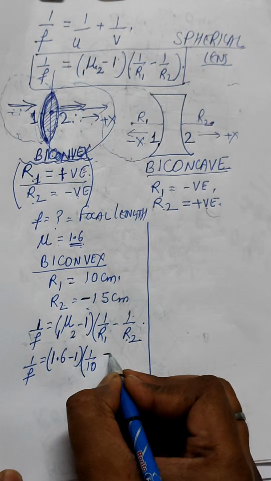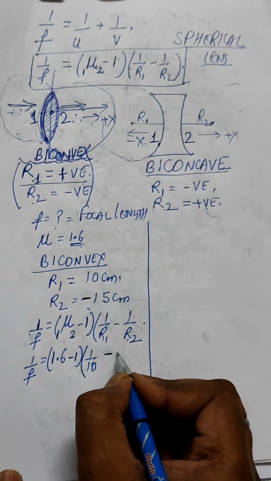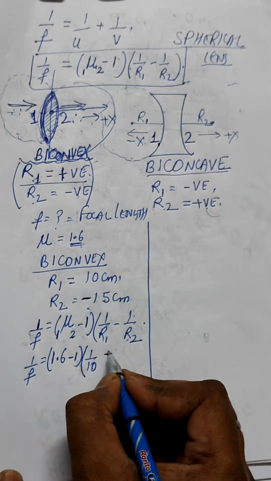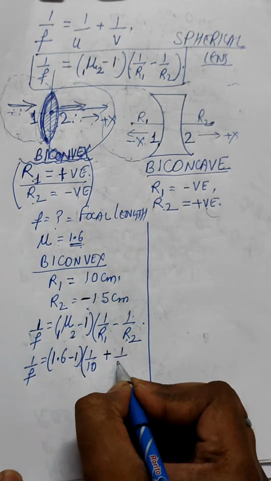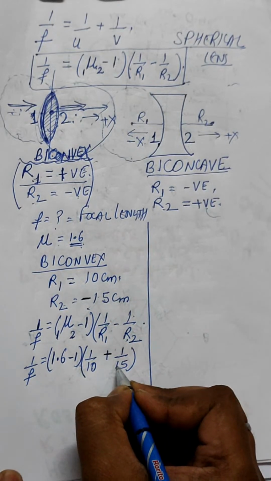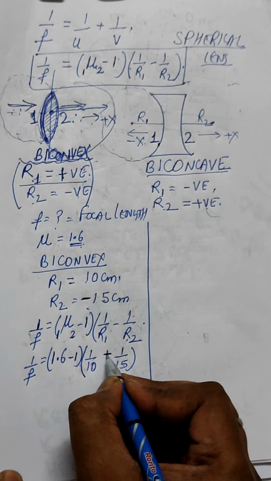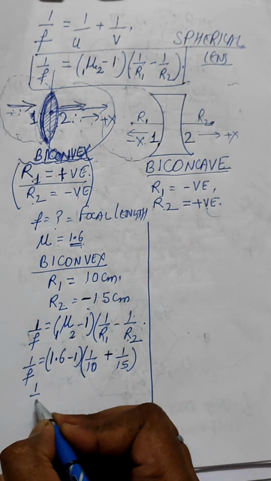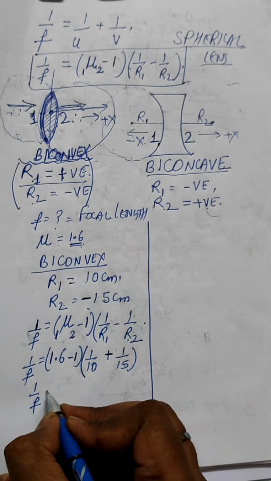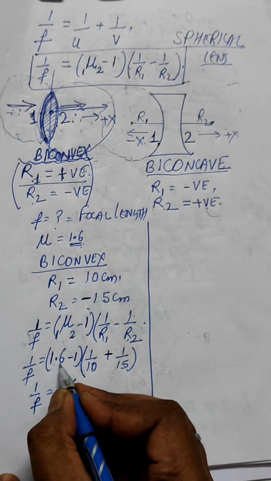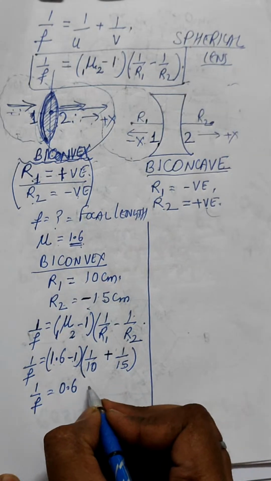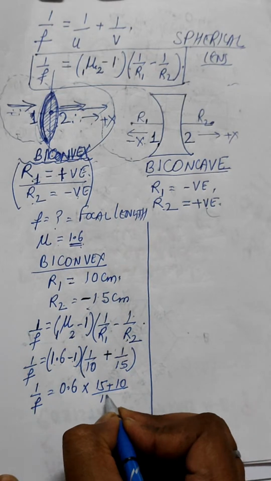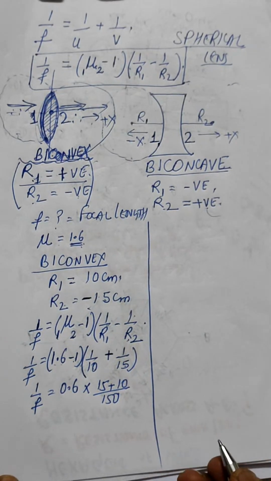But R2 is minus 15, so it will come as plus 1 by 15. The minus sign of the 15 multiplied with the minus becomes positive, right? So this will give you 1 by f as 0.6, that is 1.6 minus 1, into 15 plus 10 by 150, right?